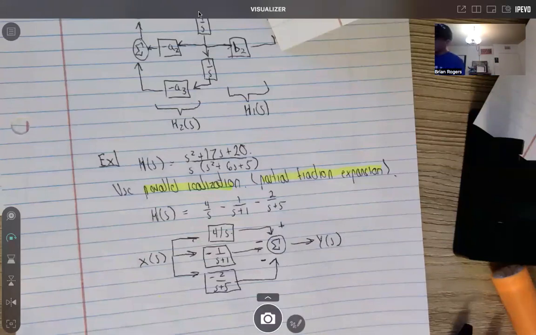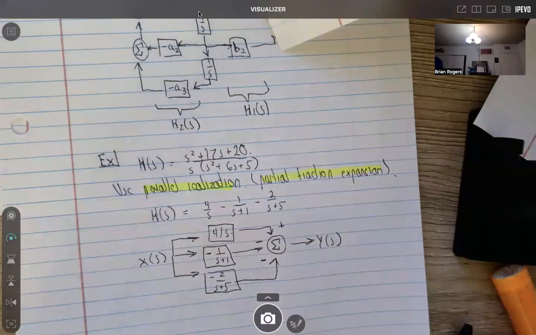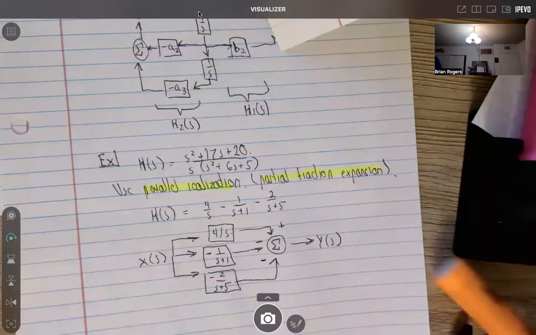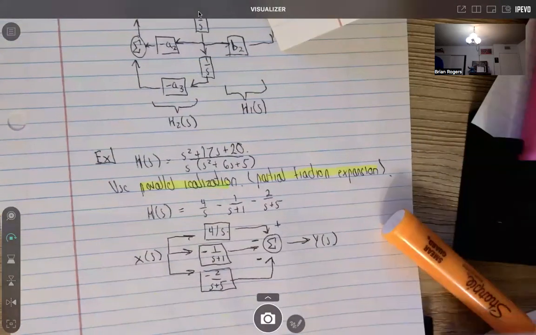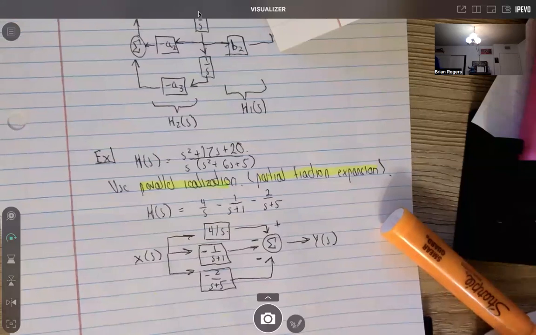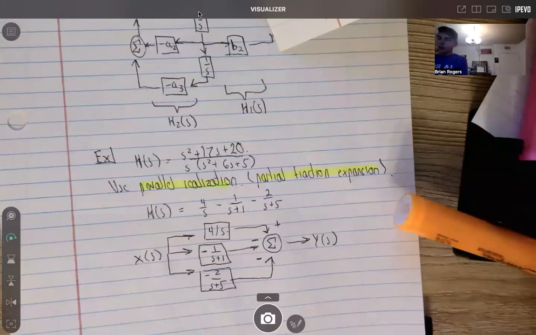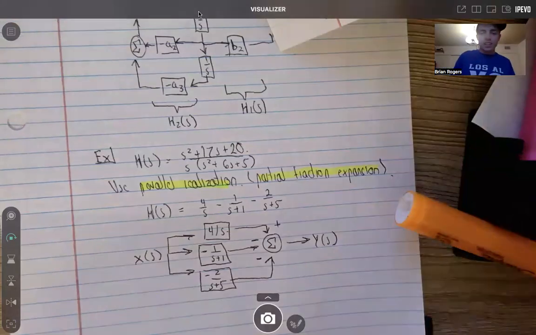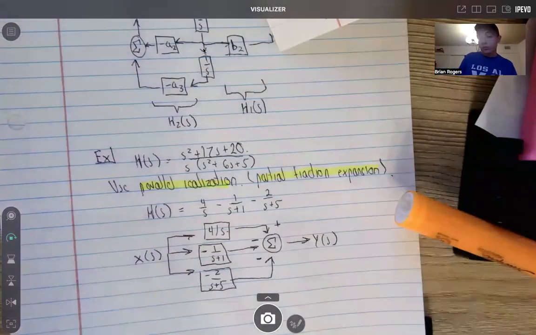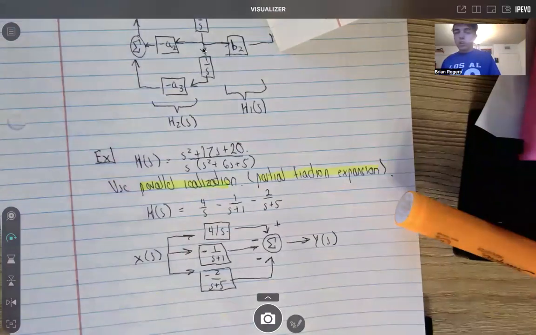So we're going to go over now to the next unit, which is going to be focusing on our Fourier series. So everyone's probably like, I do not like that unit at all. So how do you do Fourier series?